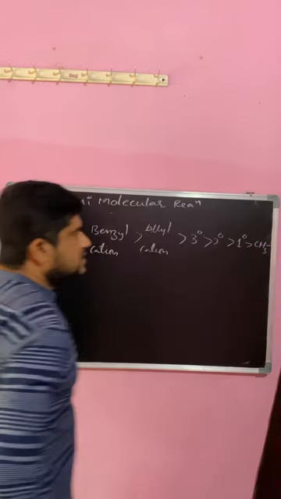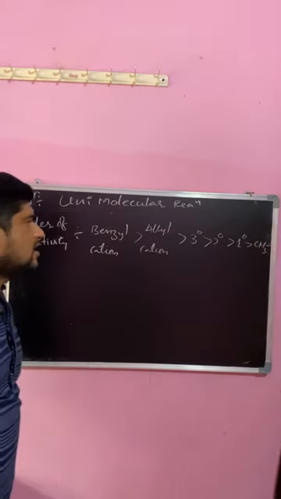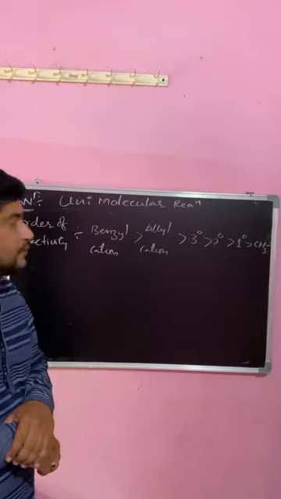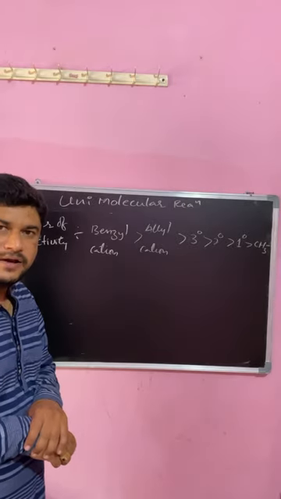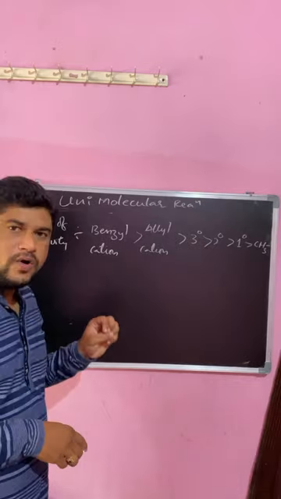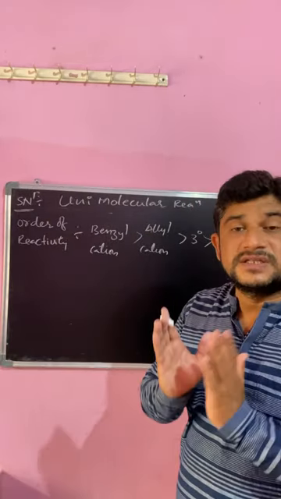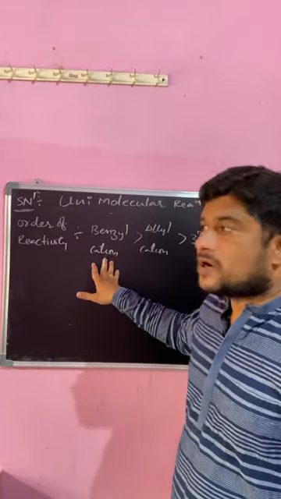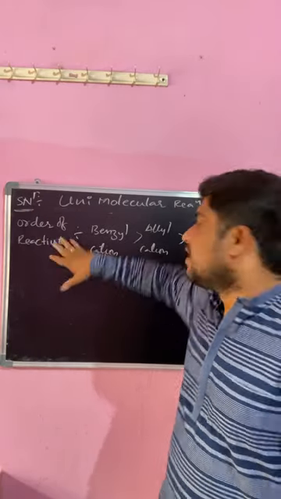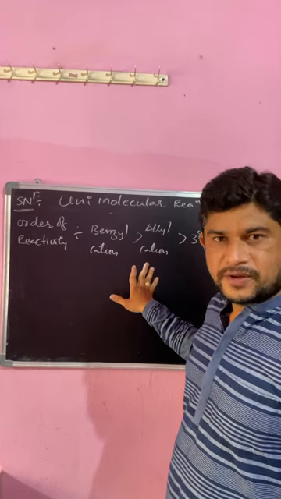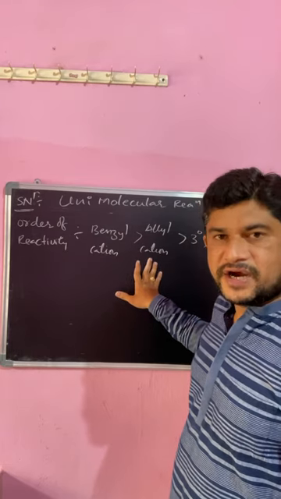This is the order of reactivity in the SN1 reaction. Benzyl cation has resonating structures, that's why it readily participates in the SN1 reaction. After that allyl cation, which also forms resonating structures.